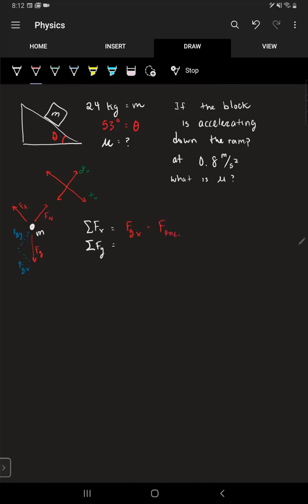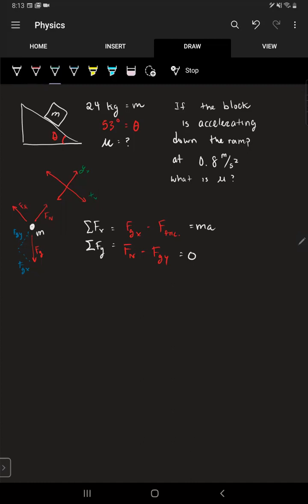What about in the y direction? We have f of n minus Fgy. Between these, we know this one is ma and this one is equal to 0 because the box is accelerating down the ramp.